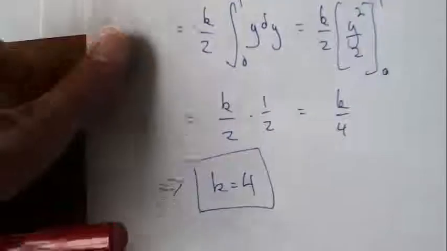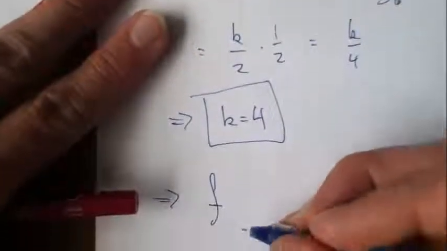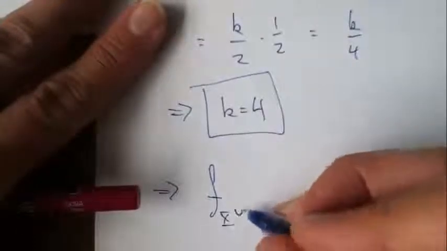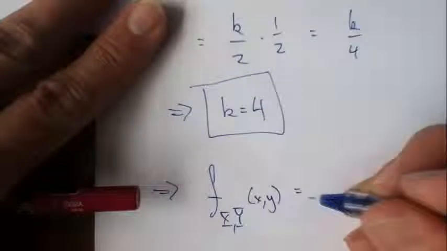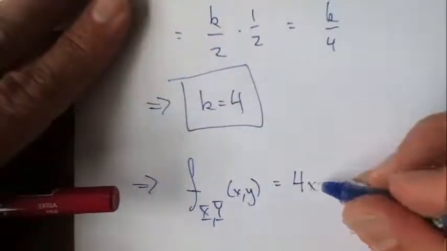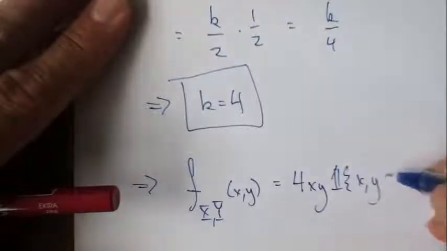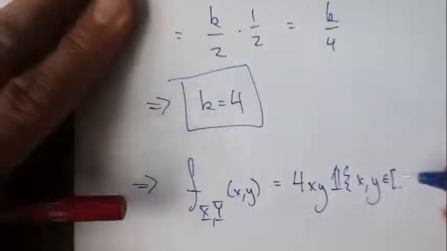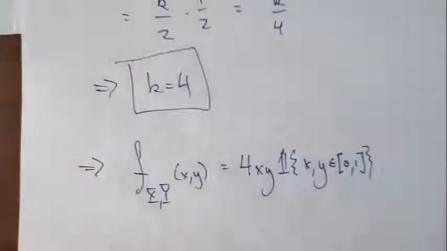And so I can actually write the expression for our probability density function as 4xy times the indicator that both x and y are in the unit interval.